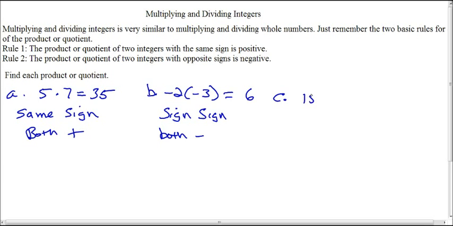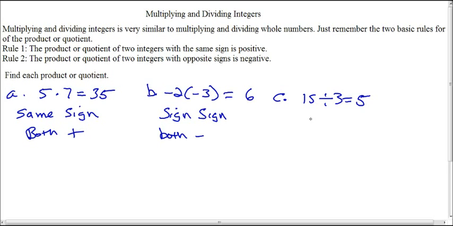Let's do 15 divided by 3. Well, we're not using multiplication anymore. We're using division. But it's the same two rules. Positive 15, positive 3. When we divide, we get 5.